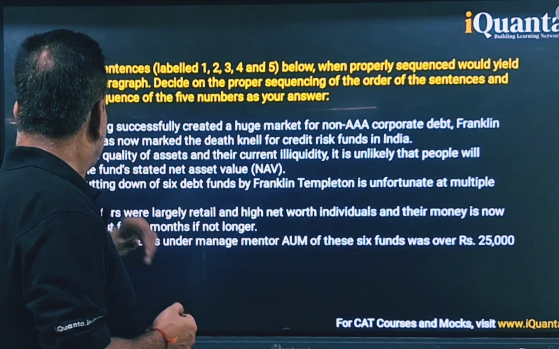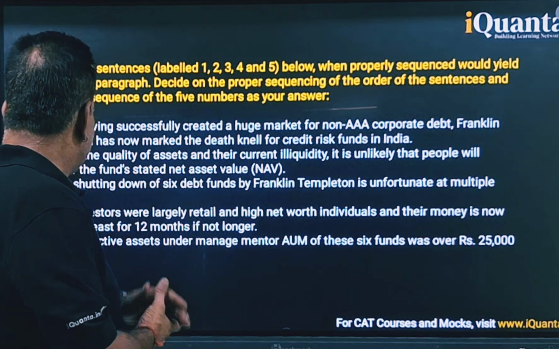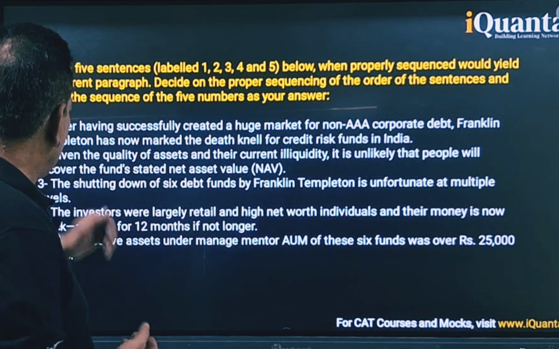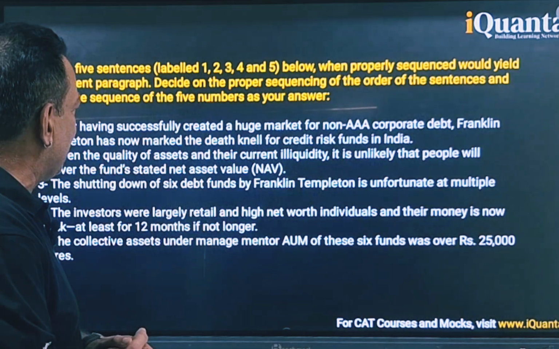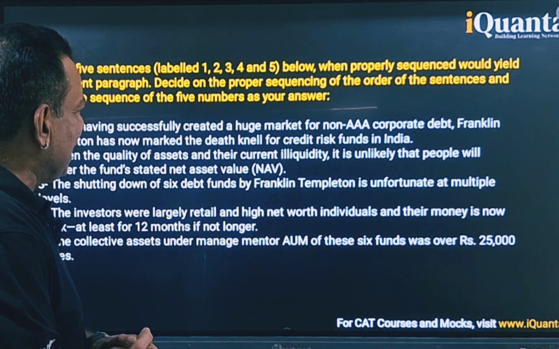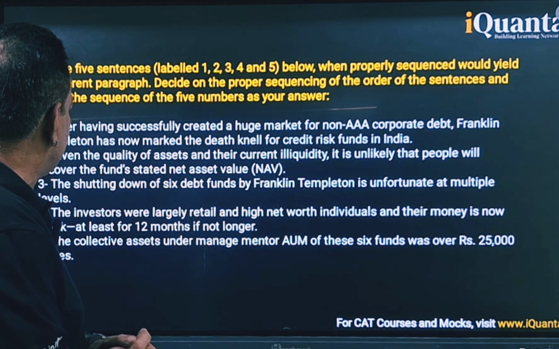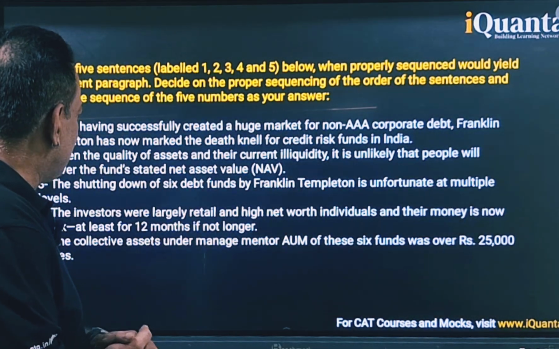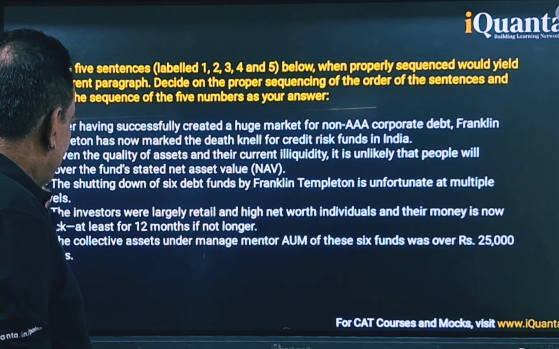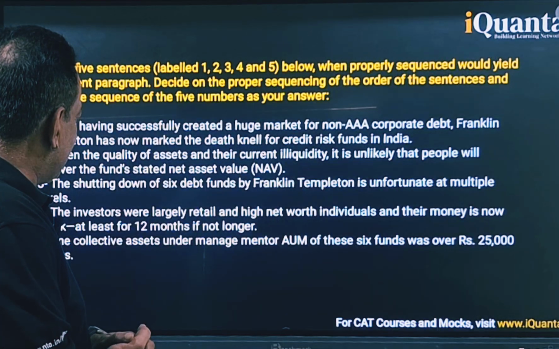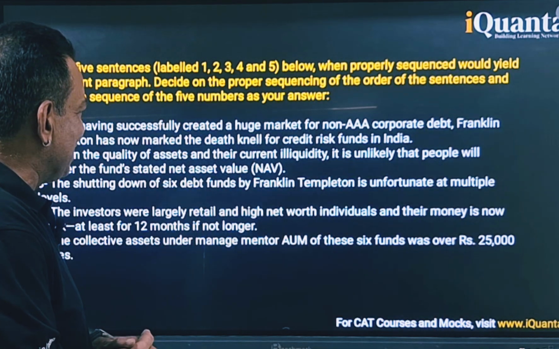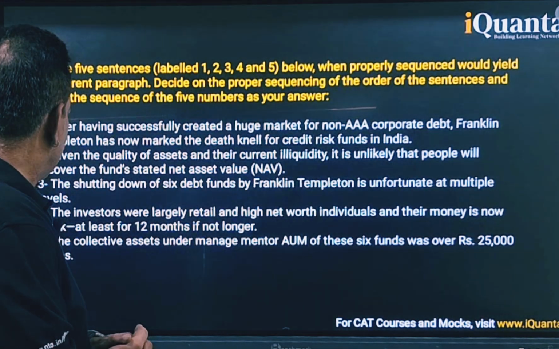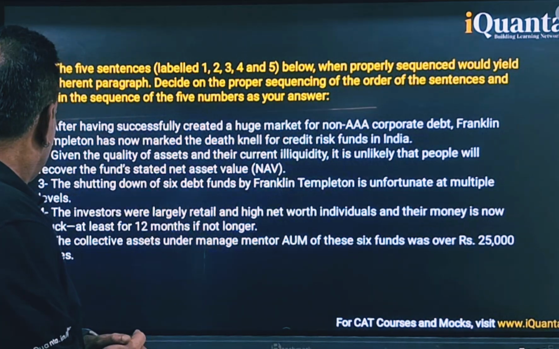So here that's what they are talking about. The second sentence tells you, given the quality of assets and their current illiquidity, it is unlikely that people will recover the fund's stated net asset value, NAV, that is net asset value. The next sentence: the shutting down of 6 debt funds by Franklin Templeton is unfortunate at multiple levels.